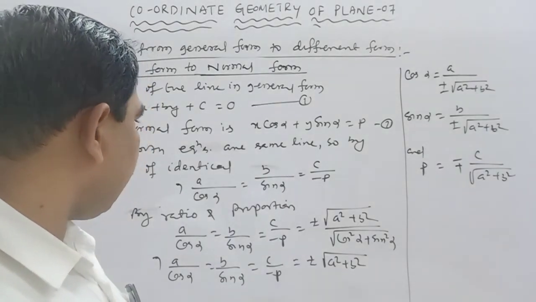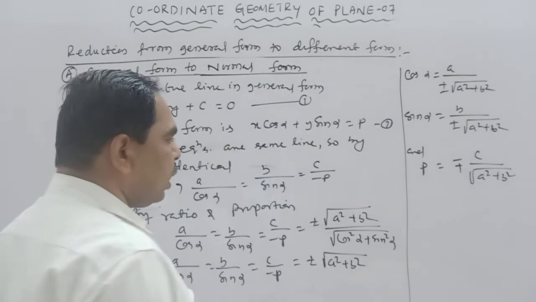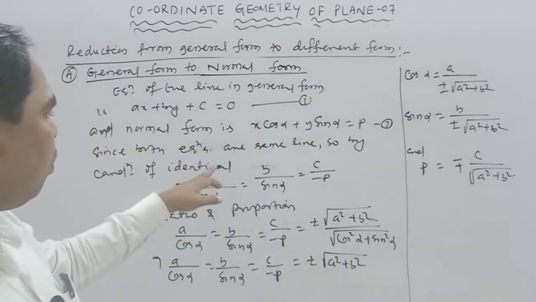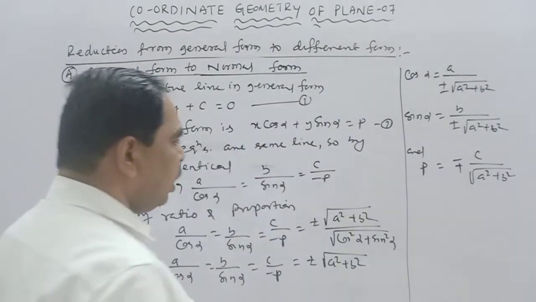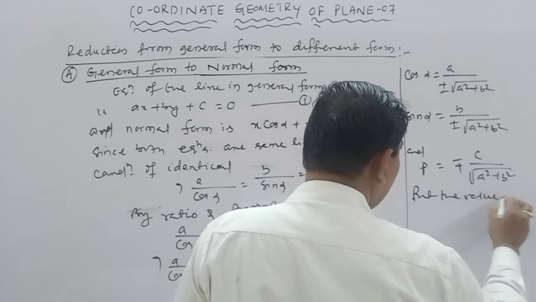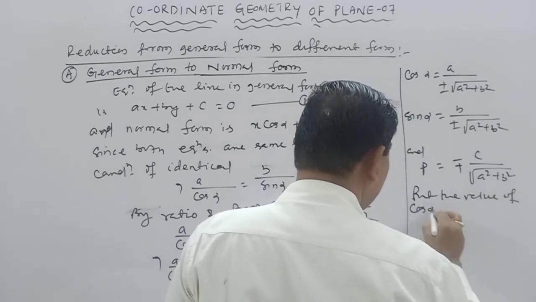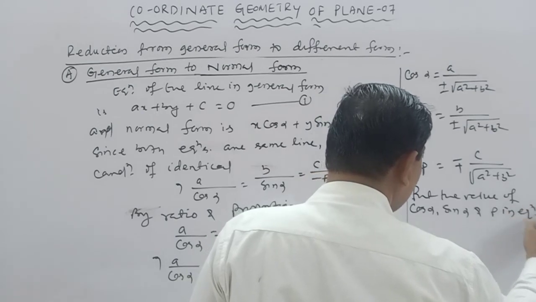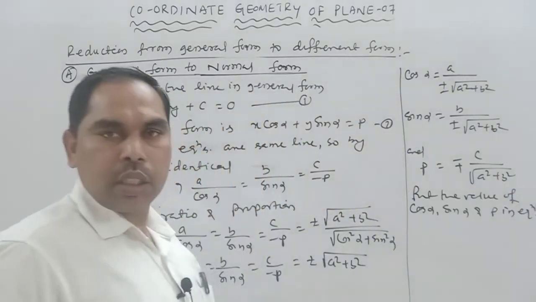Therefore, put the values of cos alpha, sin alpha and p in equation 2.